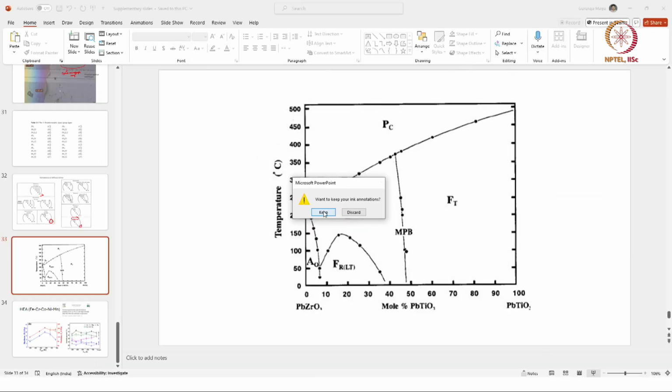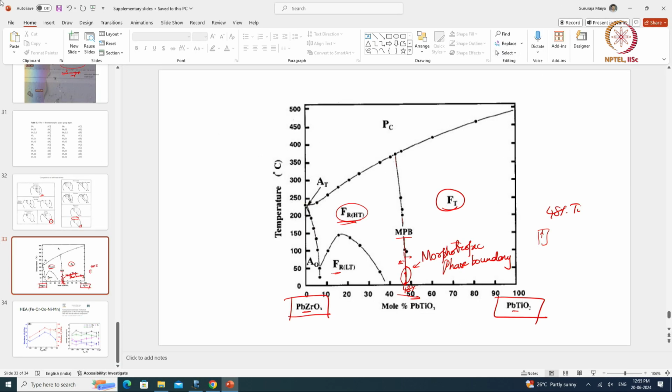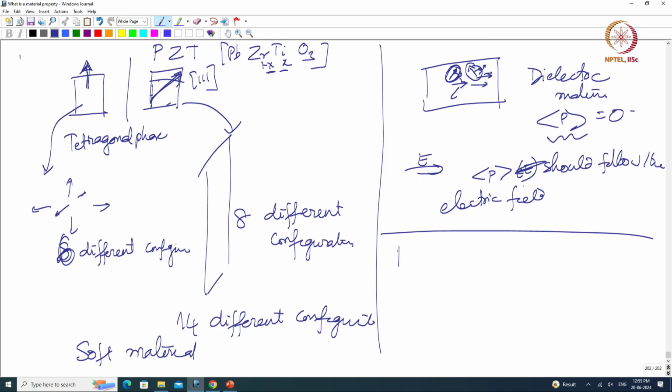So if I am right at that boundary, almost at that boundary, I will always have microscopic fluctuations, right. So, let us take the case of PZT, lead zirconium 52%, titanium 48% and O3.